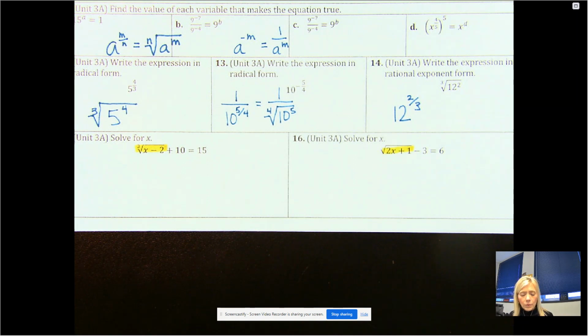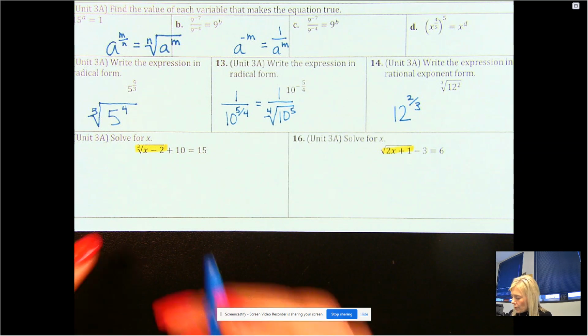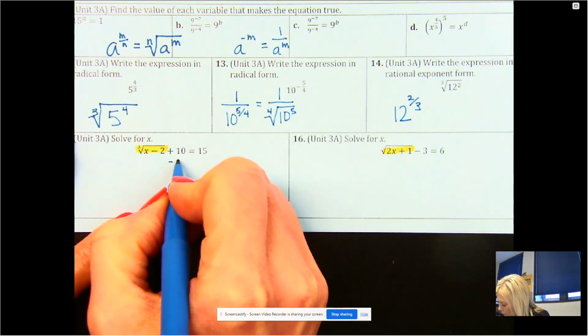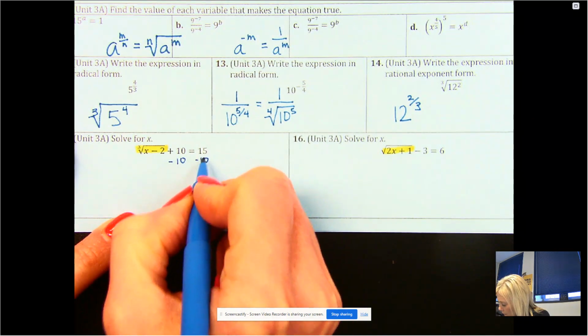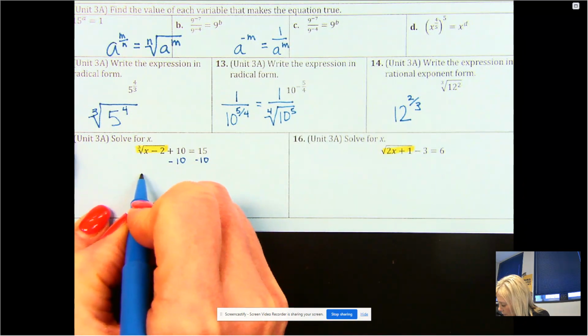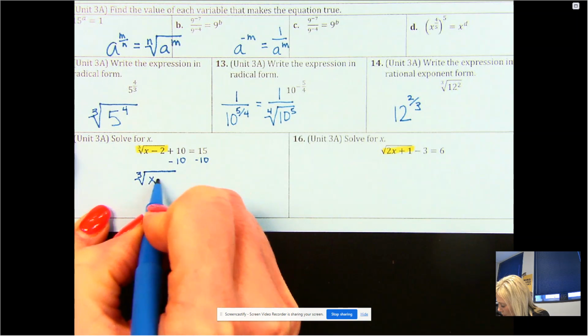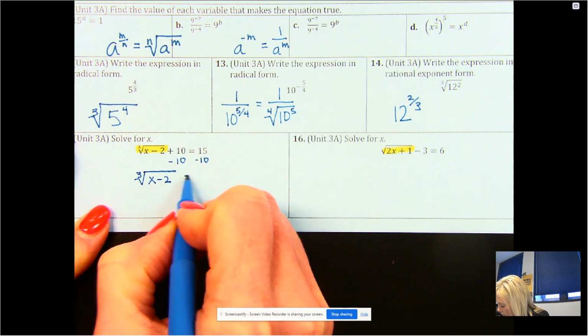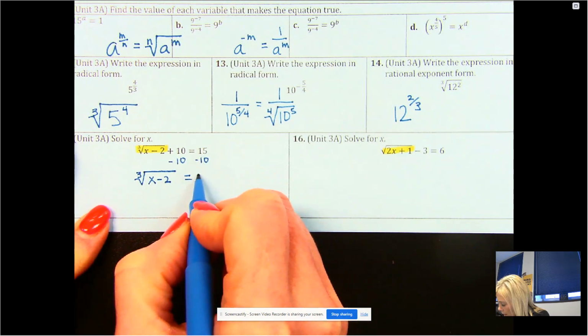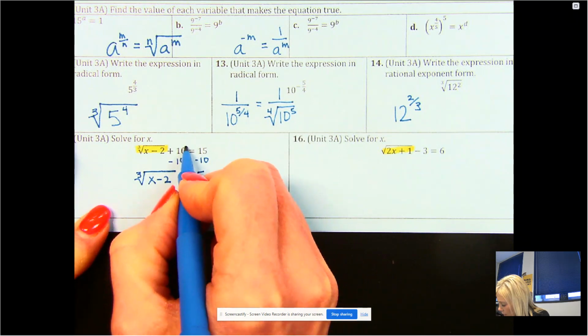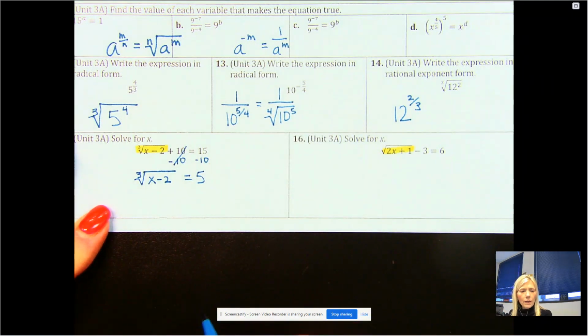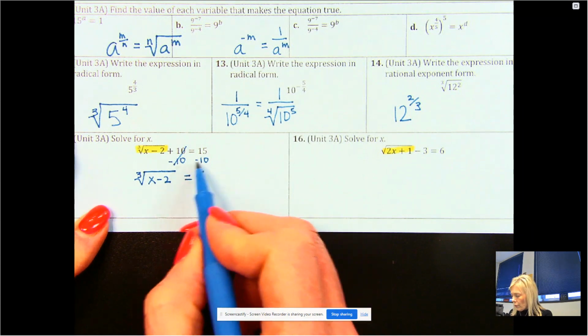So we isolate the root there on number 15 by subtracting the 10 from both sides. And that gives us the cubed root of x minus 2. 15 minus 10 is 5. Okay, so I got rid of the plus 10 by subtracting it from both sides.